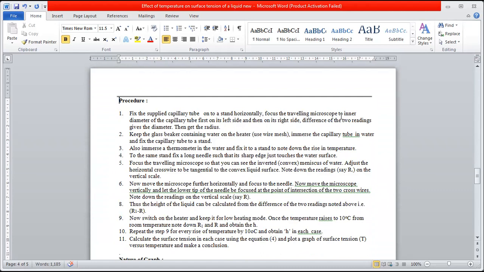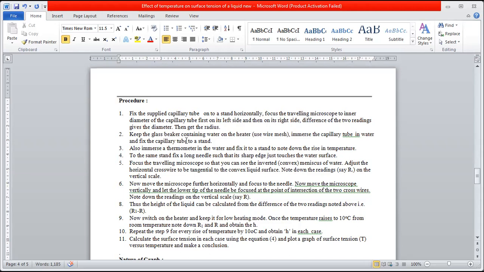Focus the traveling microscope on the inner diameter of the capillary tube, first on its left side and then on its right side. Therefore, the two readings give the diameter, and then you get the radius. So first we have to measure the inner diameter of the capillary tube. For that, we have to use the microscope, the capillary tube and a stand.